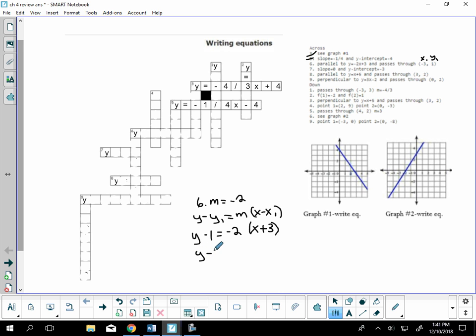Y minus 1 equals -2x minus 6. Add 1 to both sides. And I'm going to get y equals -2x minus 5. So that was number 6 across.